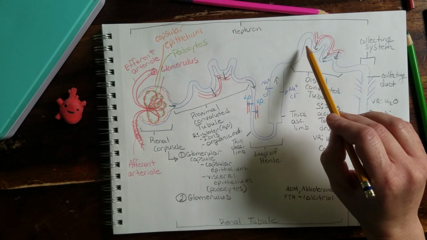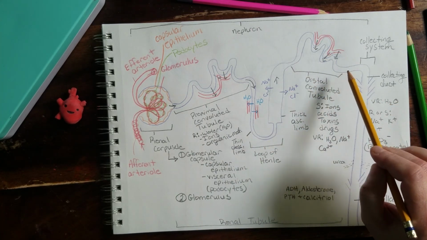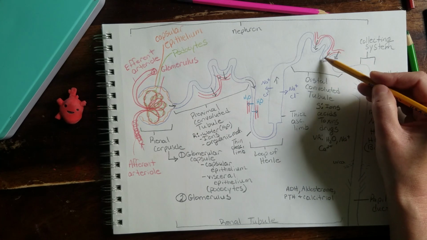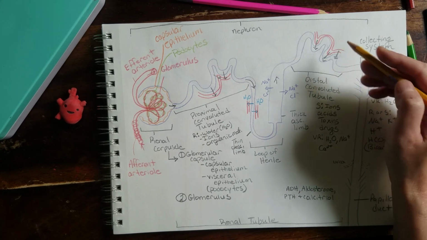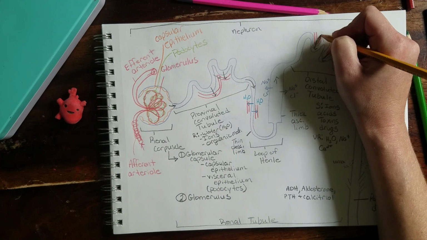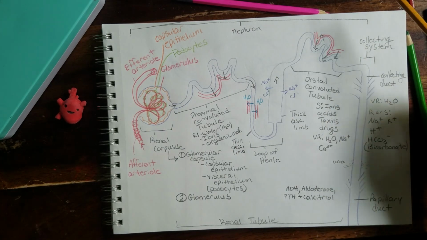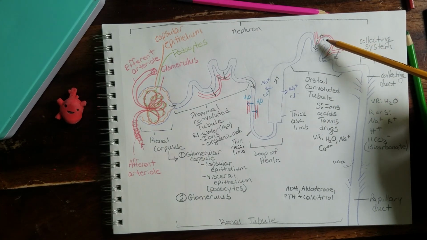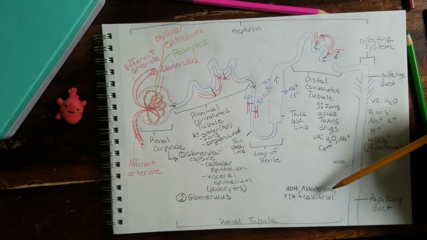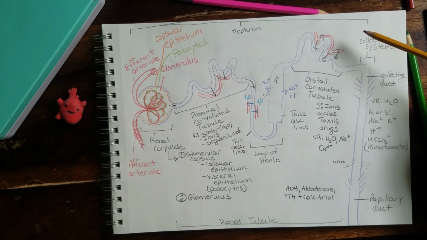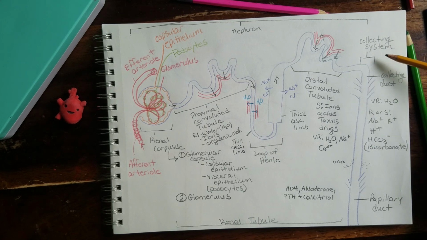The filtrate will travel into the distal convoluted tubule, where you will have secretion of things like ions, acids, drugs, and toxins, and variable reabsorption of things like water, sodium, and calcium, depending on hormones. Once the filtrate then exits out of the nephron, it will enter into the collecting system.